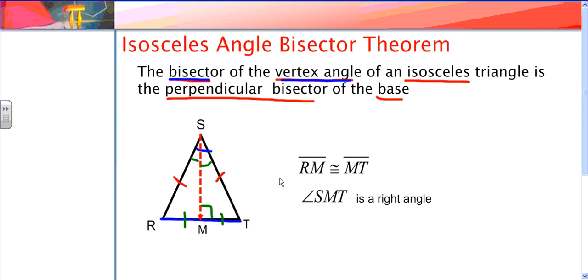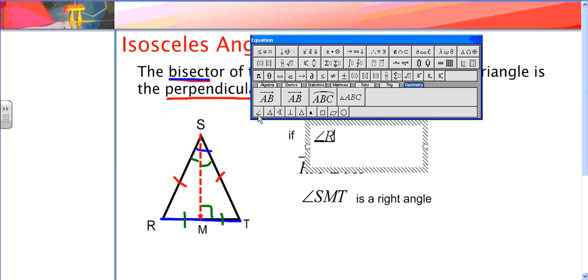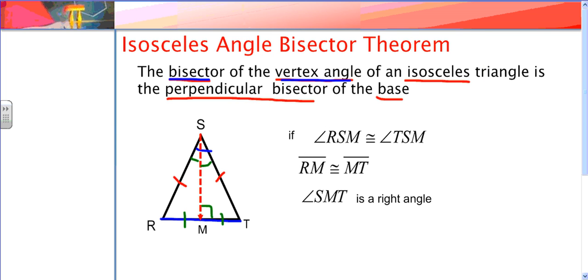Well, that was only true if angle RSM was congruent to angle TSM. Then we know that RM is congruent to MT and that SMT is a right angle. So if we cut the vertex angle in half, that segment has to be perpendicular to the other side, and it cuts the other side in half as well.